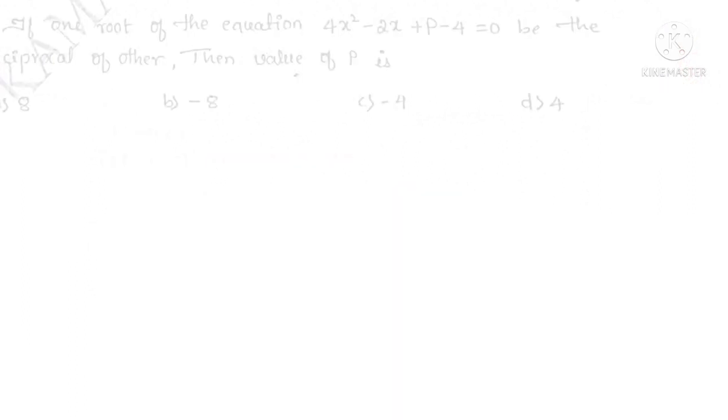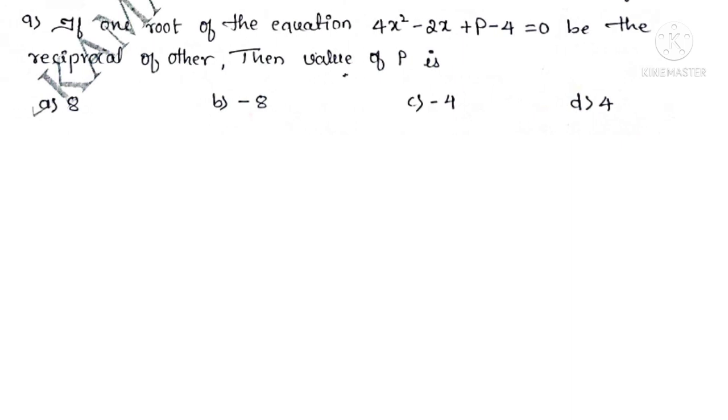Consider the ninth problem. If one root of the equation 4x square minus 2x plus p minus 4 is equal to 0 be the reciprocal of other, then the value of p is option A 8, option B minus 8, option C minus 4, option D 4. We have already solved a similar kind of problem.